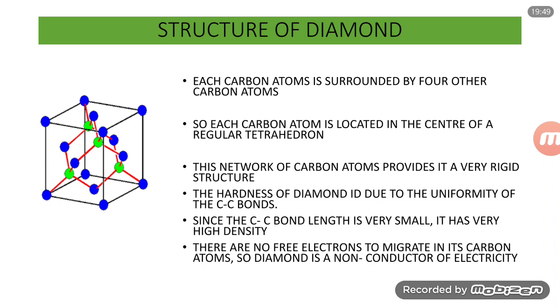So there will not be any free electrons in the structure of the diamond. If there are no free electrons, electricity cannot be conducted. Is that clear? So what is the answer to the question why diamond is a poor conductor of electricity? The answer is, since the structure of the diamond does not have any free electrons, it is a non-conductor of electricity.